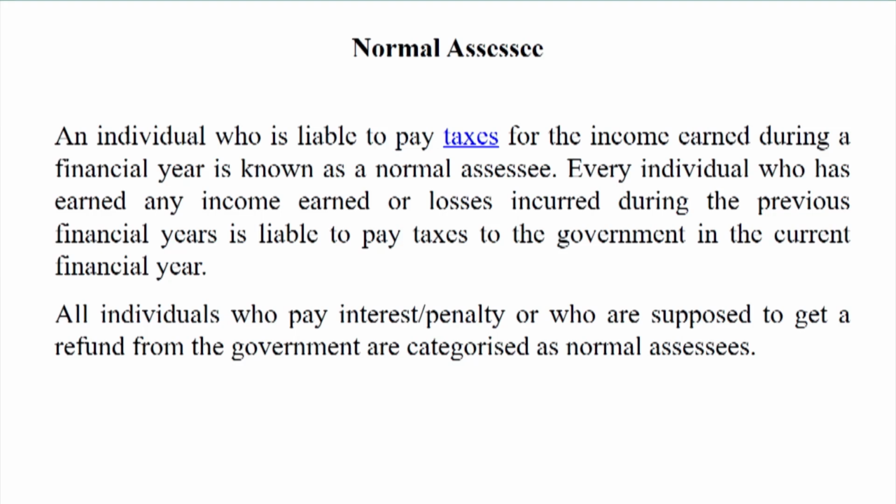Current financial year is also called the assessment year. Assessment year is the year in which the volume of tax is paid by the assessee to the government. All individuals who pay interest, penalty, or who are supposed to get a refund from the government are considered normal assessees.